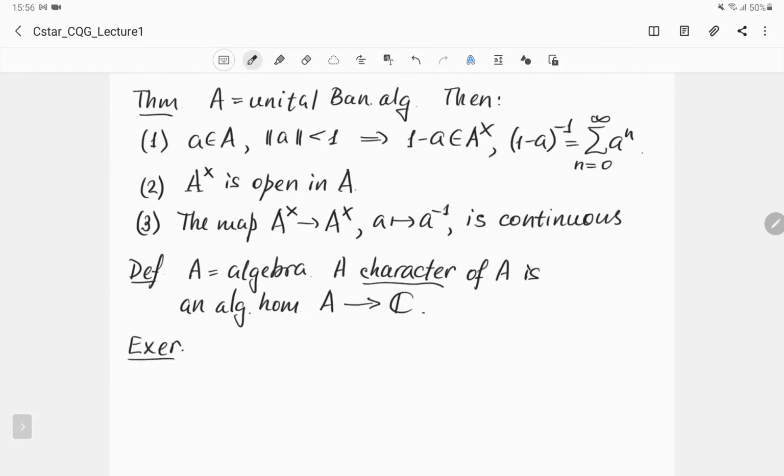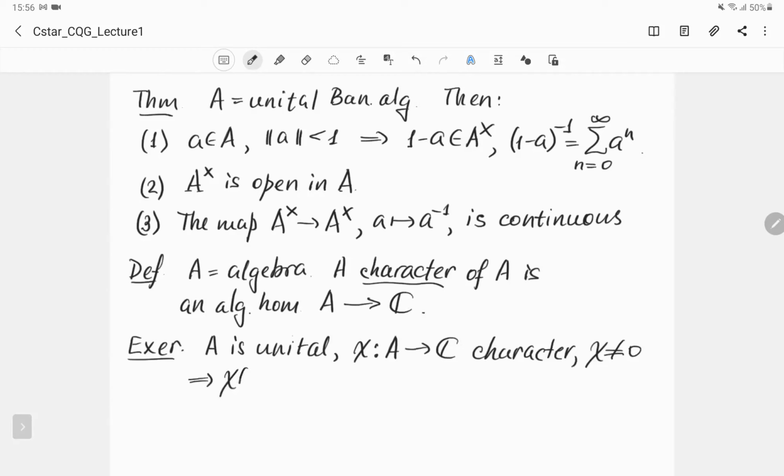By the way, it's a simple exercise, or rather an observation, that if A is unital and chi is a non-zero character of A, then chi is unital. Well, essentially, this follows from the fact that if chi is non-zero, then it is surjective. And a surjective homomorphism between unital algebras is necessarily unital.